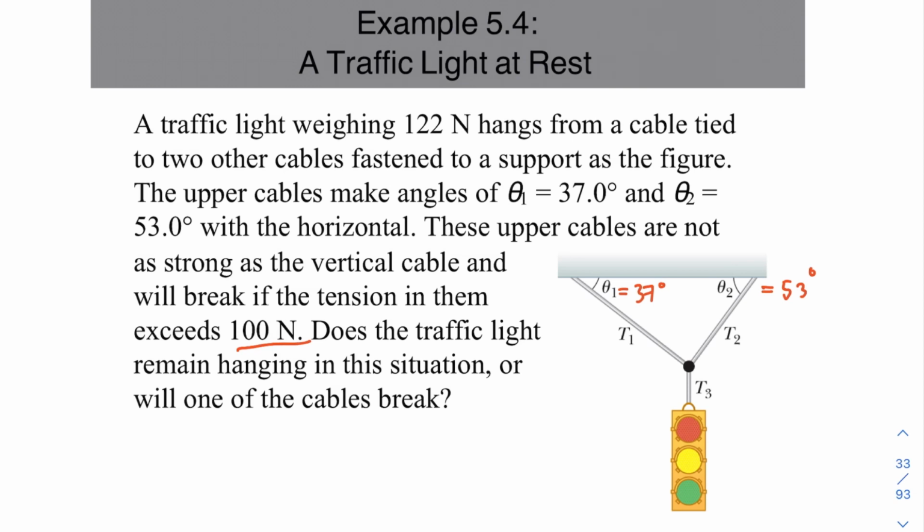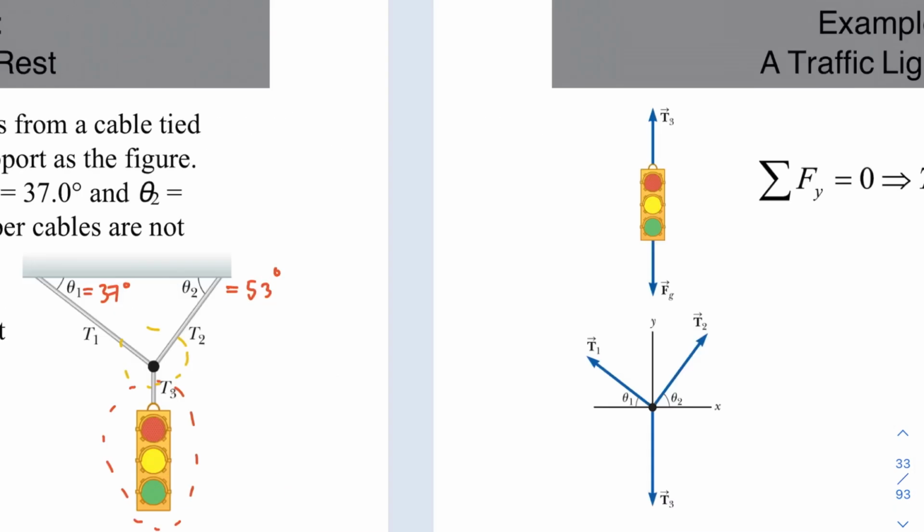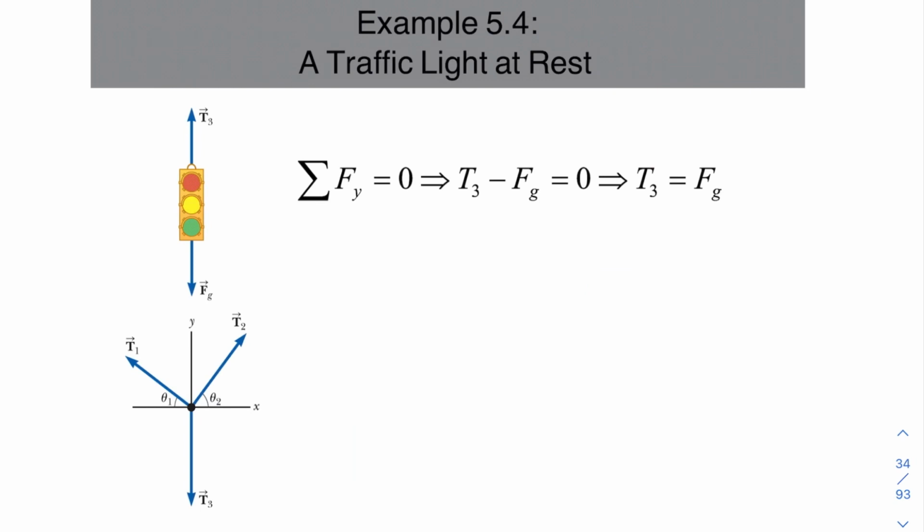So we know that since we have three different tensions, we have to consider part by part. First thing first, we consider the traffic light itself with the T3, and after that, we are going to consider all of the three tensions. For the traffic light itself, it has weight downward and tension 3 upward.